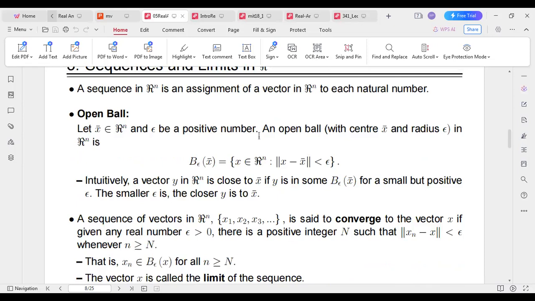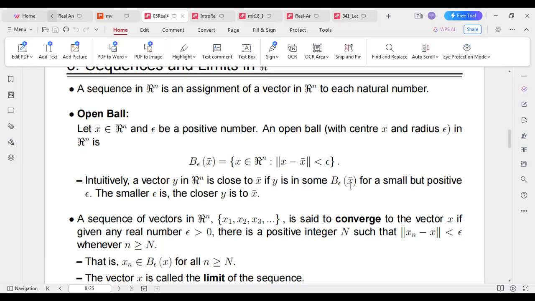An open ball with center x bar and radius epsilon in Rn can be written as B epsilon of x bar equals the set of x belonging to Rn such that the norm of x minus x bar is less than epsilon.